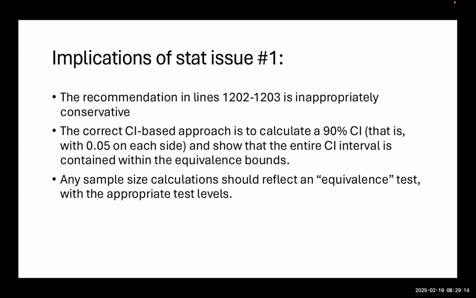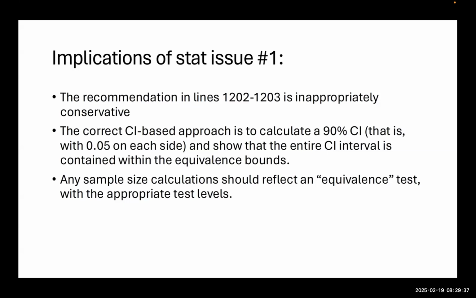So the implication is that the FDA recommendation to use a 2.5 and a 97.5 ends of a 95% interval is inappropriately conservative. The correct CI-based approach is to calculate a 90% confidence interval and show that it is within the equivalence bounds.